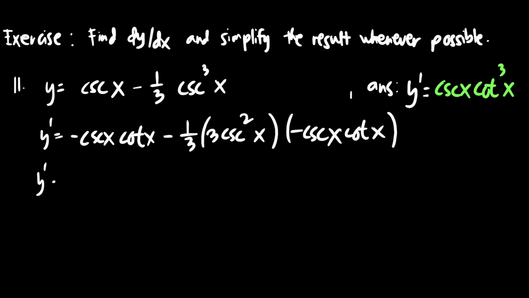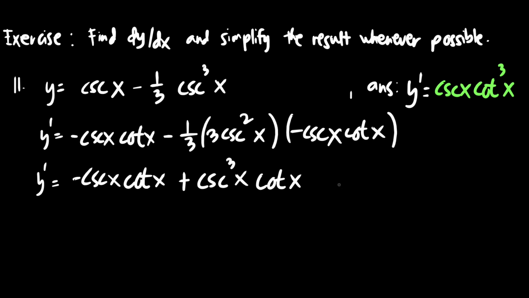So we have y prime. Simplify: negative cosecant x cotangent x minus cosecant cubed x, just positive, so 1/3 times 3, we'll cancel, and negative times negative is positive, so cotangent x.